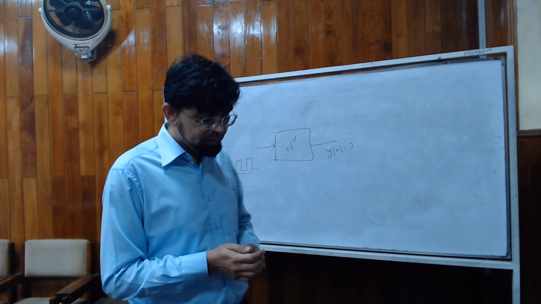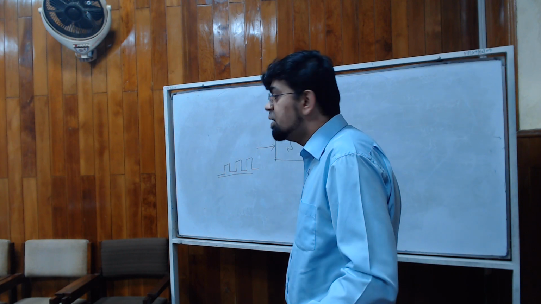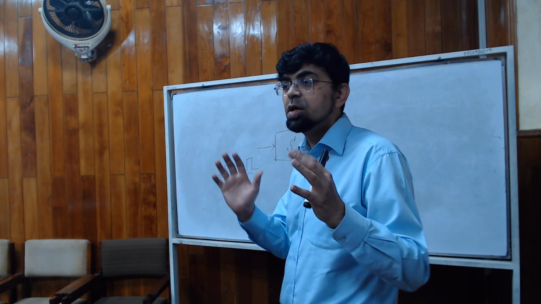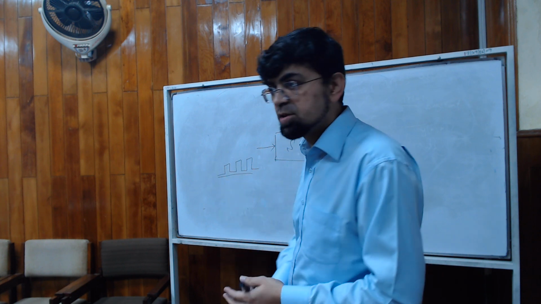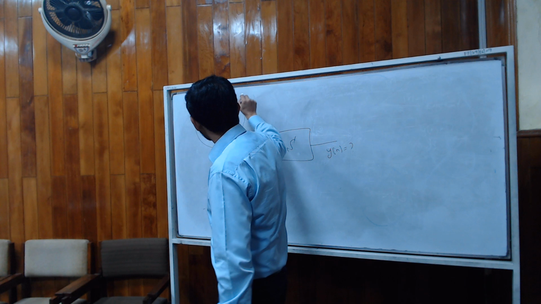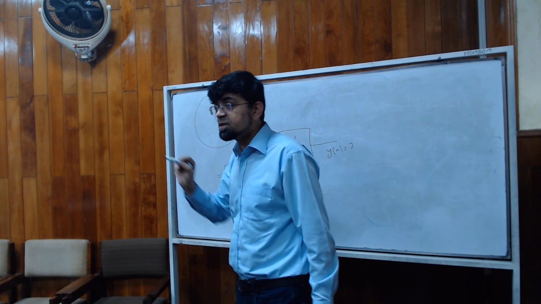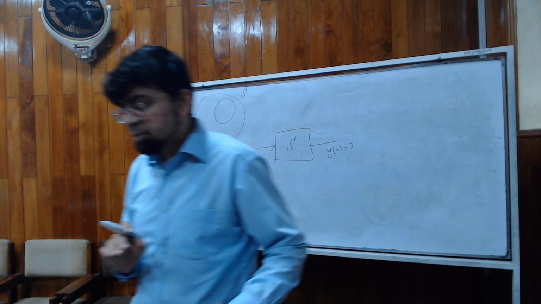And I gave you the hint last time that we will divide our problem into smaller sections. So this is a whole class of systems, and within that we will limit ourselves to a subclass which is by no means small.